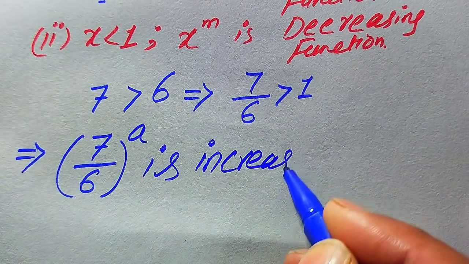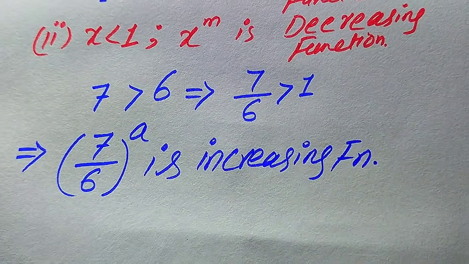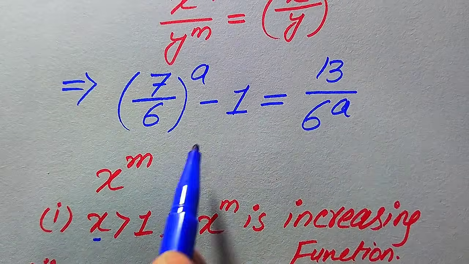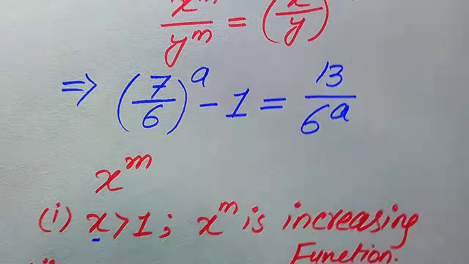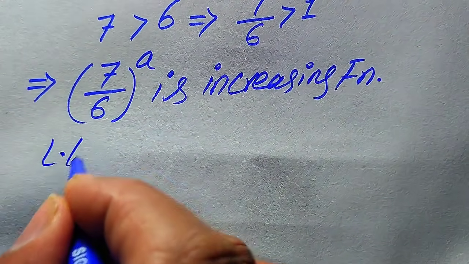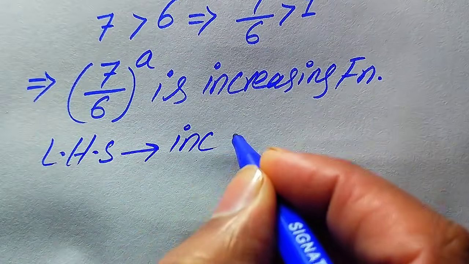Also you know that when we subtract 1 from an increasing function, it remains an increasing function. It means that our left hand side becomes an increasing function.